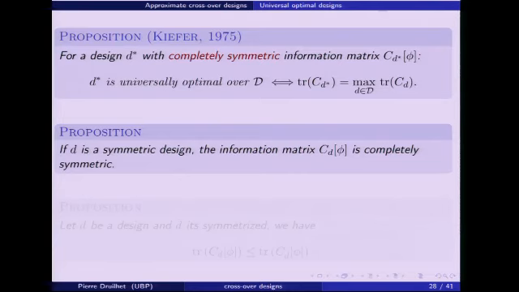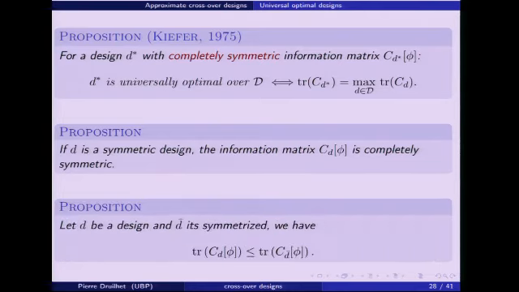So to find a universally optimal design, you just have to maximize the trace of the information matrix. And also, by concavity of the information matrix representation, the trace of a design D is always lower than the trace of D bar. It means that the symmetrized design D bar is always better, with respect to universal optimality, than the design D.